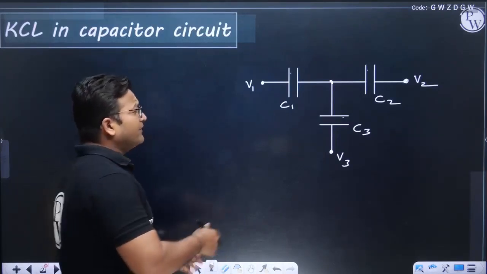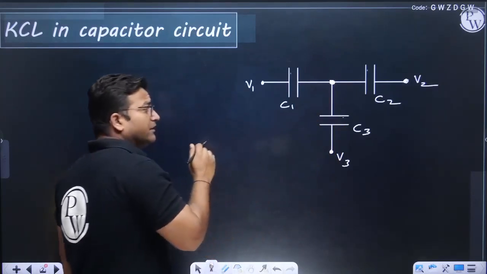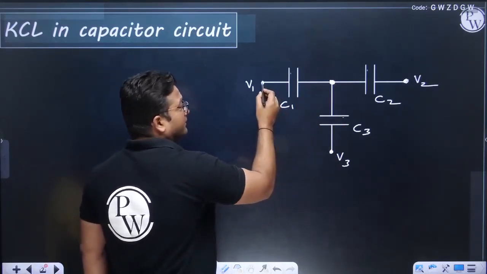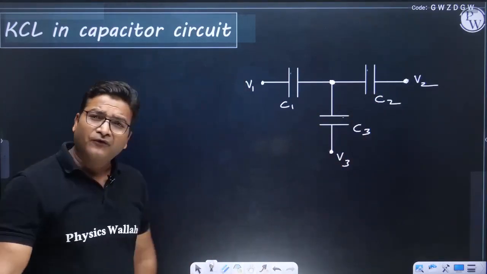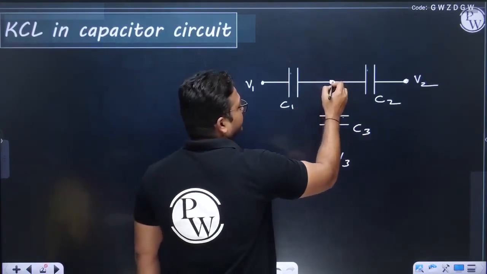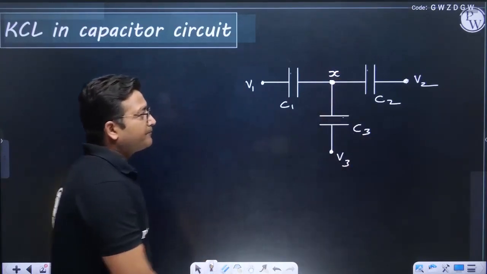So suppose you have a junction or a node, and the potentials of these 3 points are V1, V2 and V3, and suppose you want to find the potential at this junction. So let us assume this potential to be X, right?